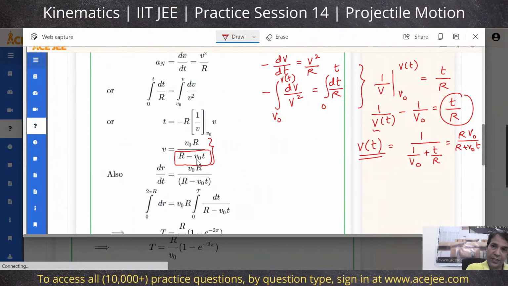So here, as per this expression, if t is increasing from 0 to 1 second to 2 seconds and so on, then the denominator is reducing. If the denominator is reducing, then the velocity will increase. Is that right?